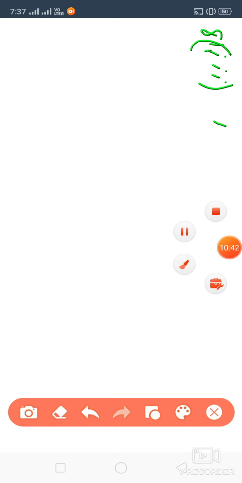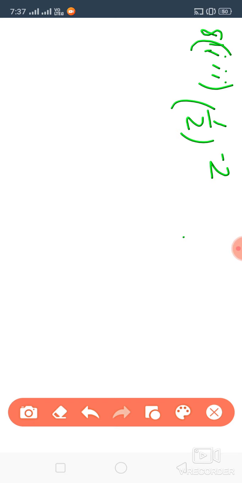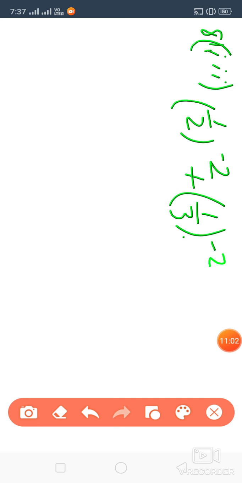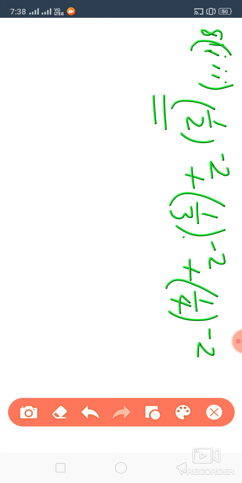It's given 1 by 2 to the power minus 2 plus 1 by 3 to the power minus 2 plus 1 by 4 to the power minus 2. This is your question. Okay, now look at here. 1 by 2 to the power minus 2. So here the exponent is minus. To make it plus, what do we have to do?